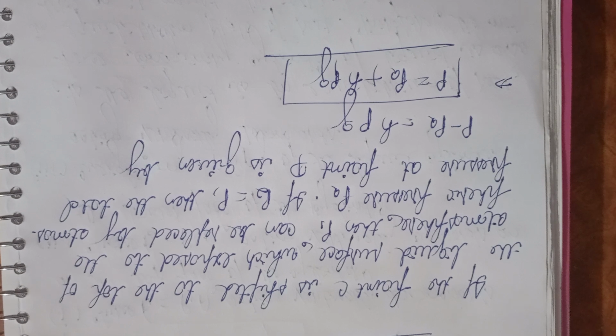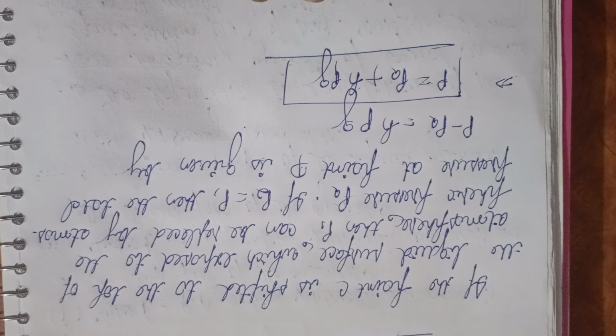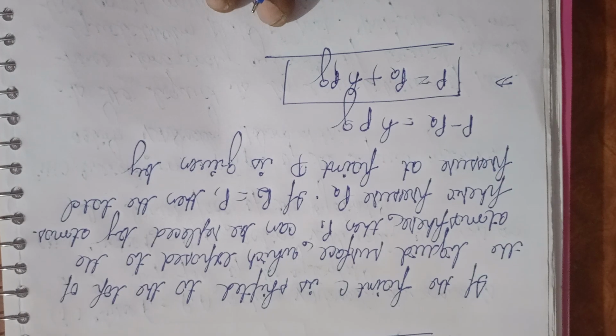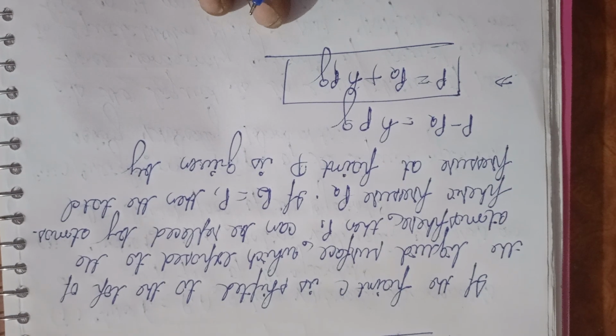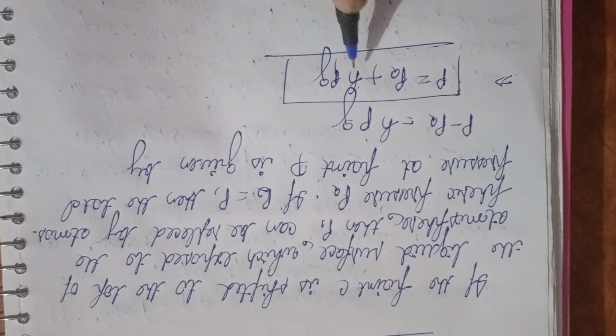This shows that total pressure P at depth H below the surface of liquid at rest, which is open to atmosphere, is greater than the atmospheric pressure by an amount equal to H rho g.